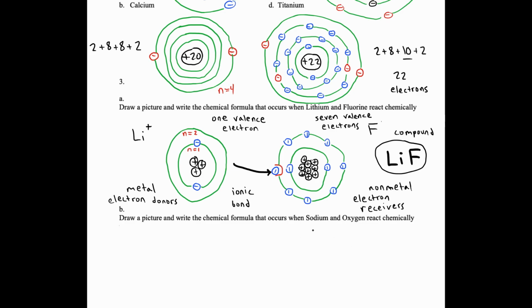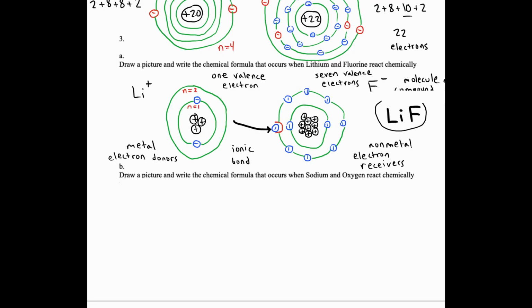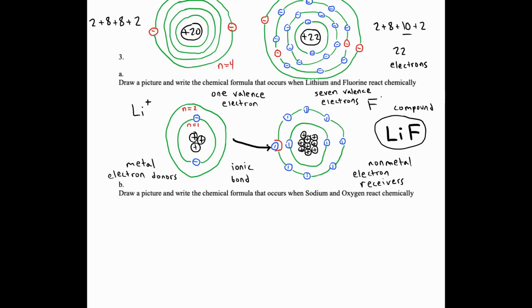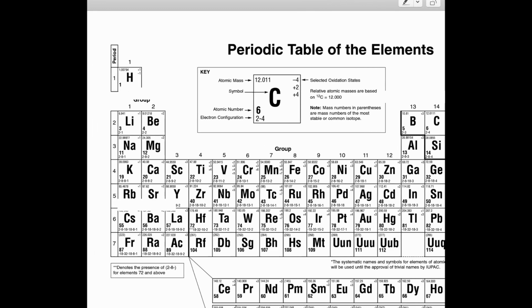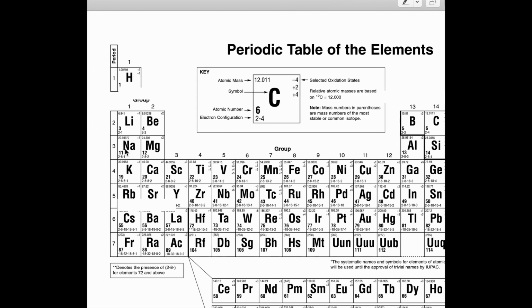You can try it for yourself here with sodium and oxygen. Now we want to draw a picture and write the chemical formula that will occur if sodium and oxygen react chemically. All right, so for sodium, we see in the periodic table that it is in row 3, and it's got 11 protons.